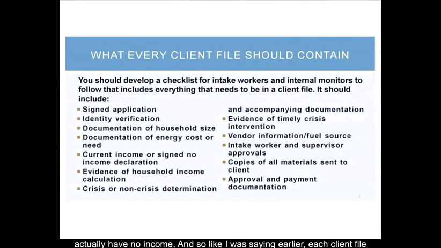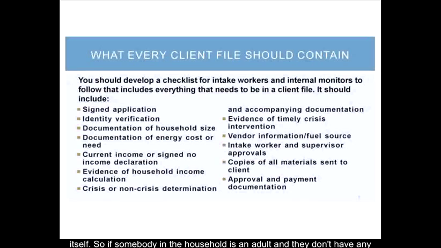And so, like I was saying earlier, each client file needs to tell the whole story of that household. And so when you're looking at a file and you are not the intake worker, you don't necessarily know that person and you don't know that household situation, and the file has to be able to speak for itself.